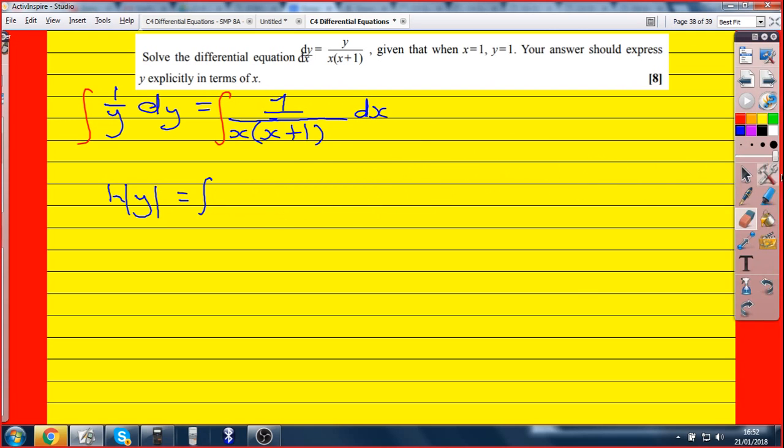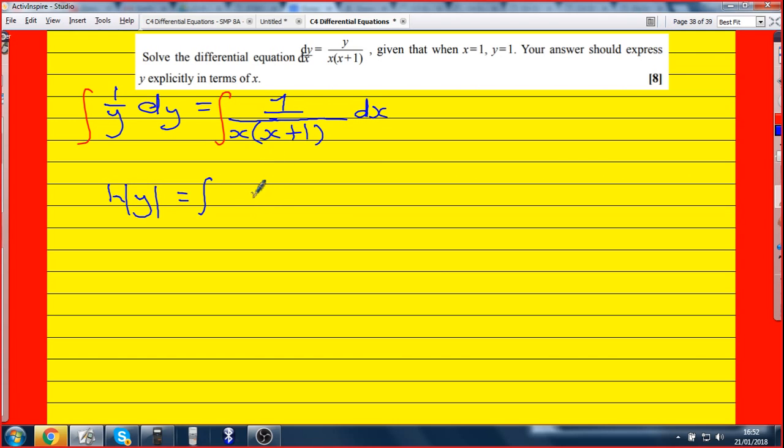Expand the brackets. And it could be like that, I don't know, or whichever way you want to express it. Let's say 1 over x squared plus x. How did you do the left side?